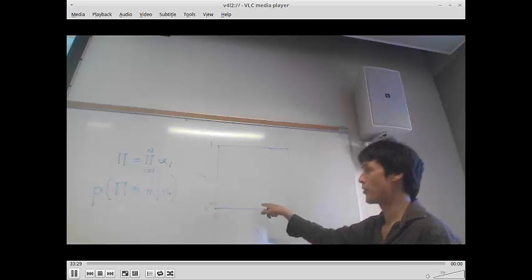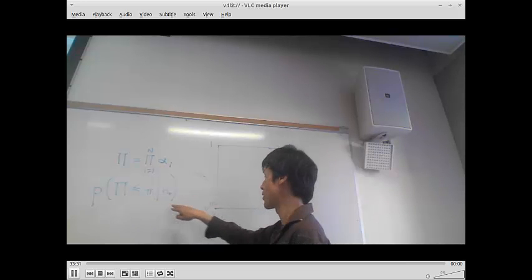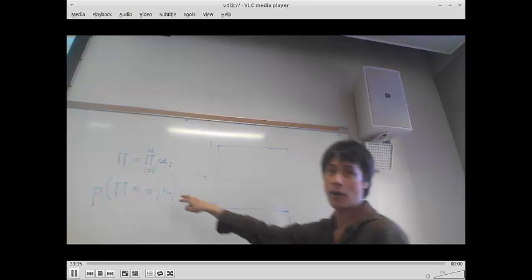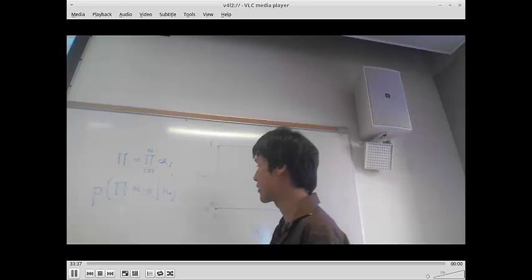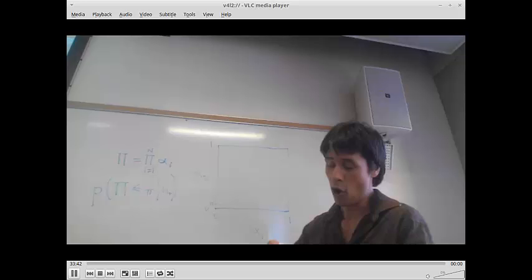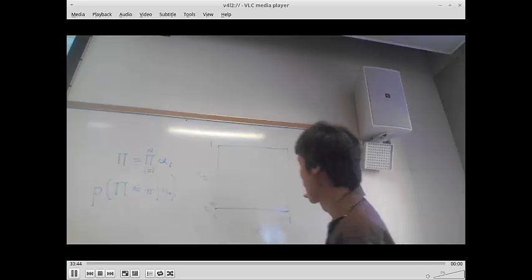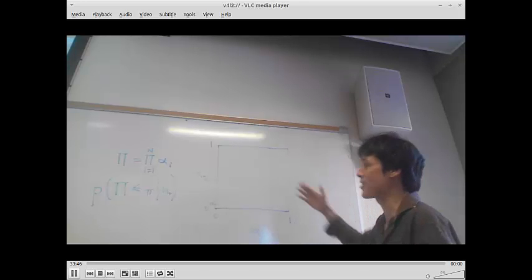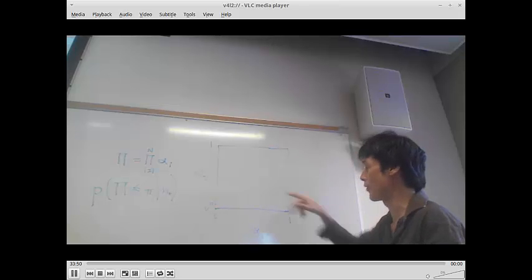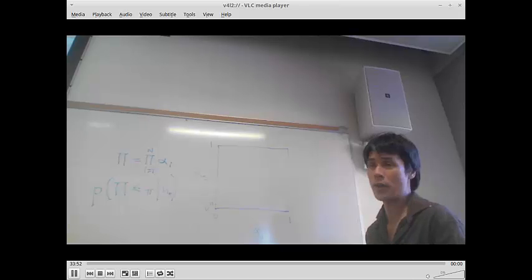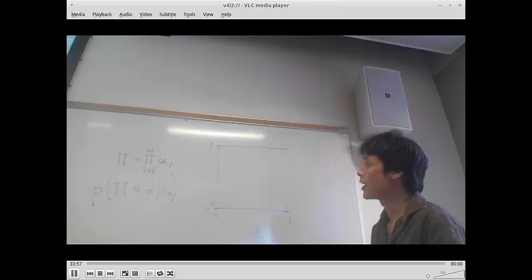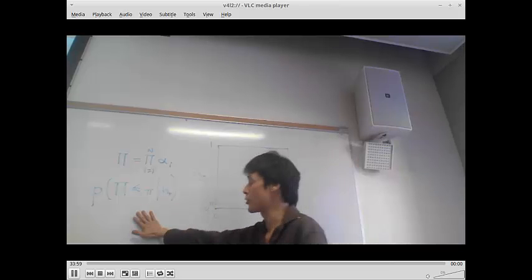This would represent the criterion for getting this kind of p-value. So the question is: what is the actual set of values of alpha 1, alpha 2 for which this criterion could be true?